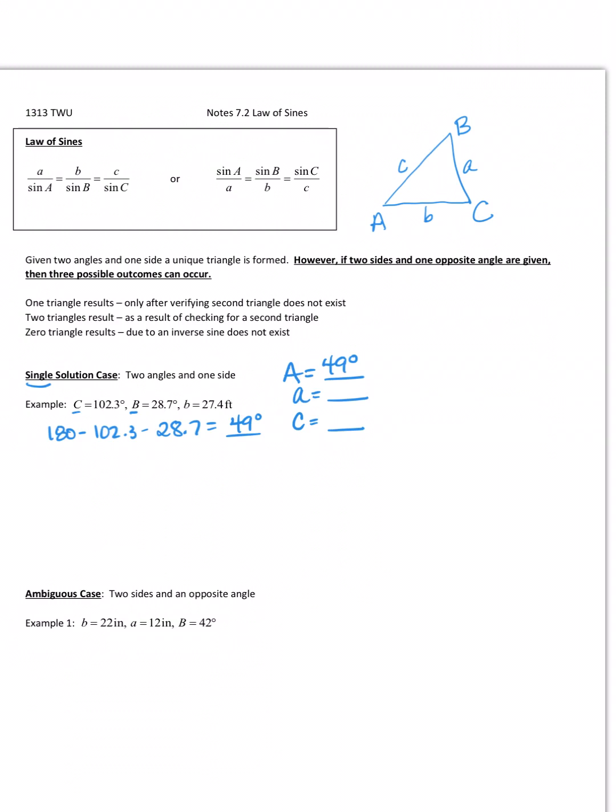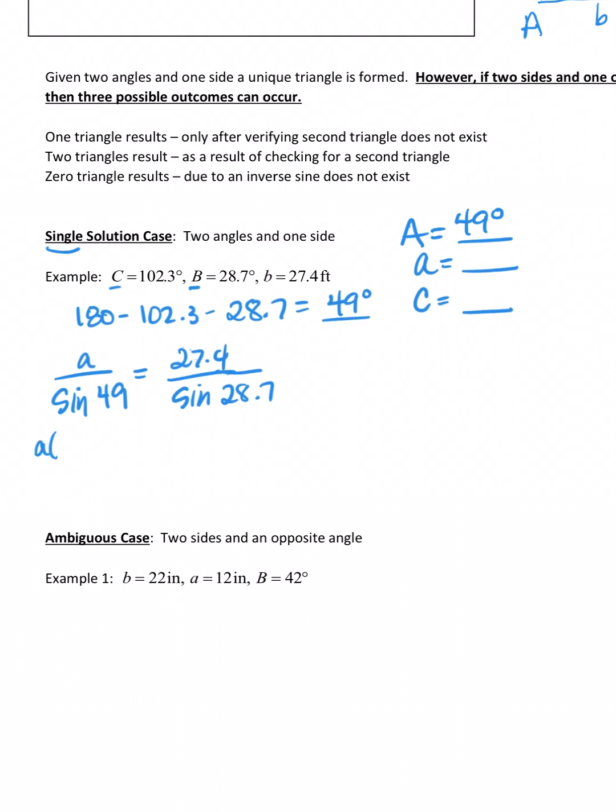So let's start with side A. Little a over the sine of what did I just find angle A to be? 49 equals, I need little c, but I don't know it. So I have to pick something I do know. So I know little b is 27.4 over the sine of angle B, which was 28.7. So I'm going to do some algebra. I'm going to solve this.